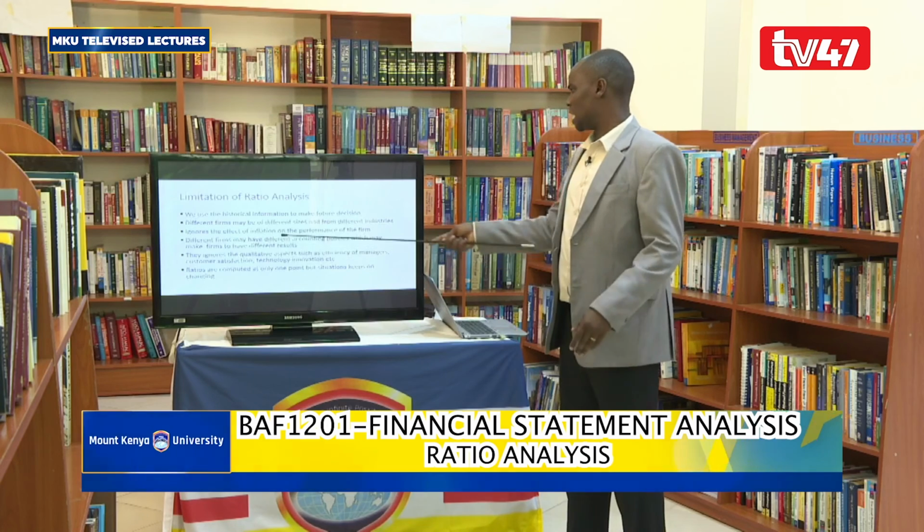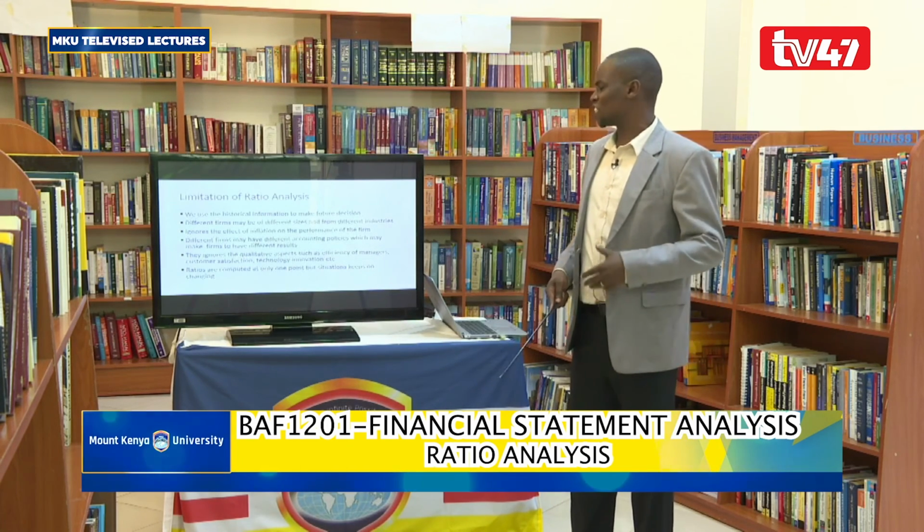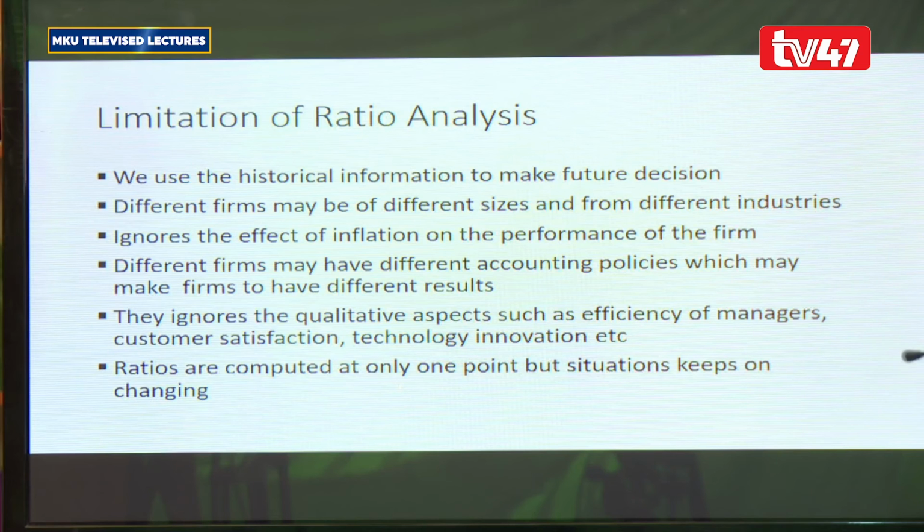Next, you ignore the qualitative aspect. We are only concentrating on the figures, but there are other qualitative aspects that may affect the performance of the firm, for instance, the efficiency of the manager. We cannot just say that because you are making a lot of sales, that is the best company. We must also look at other aspects in the business that matter. So it's not about the sales they are making now.